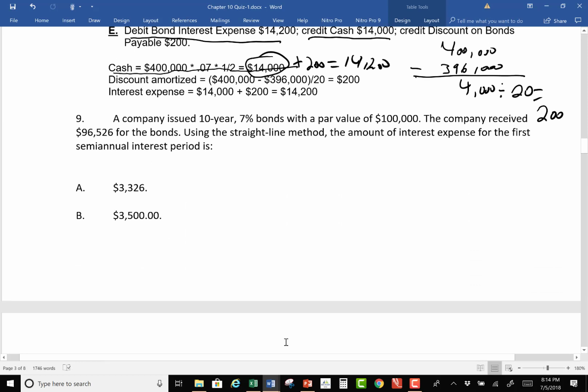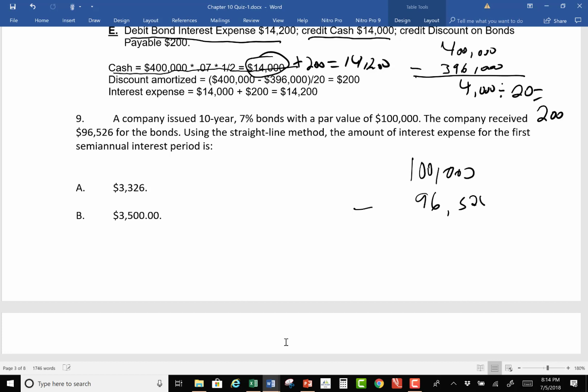Number 8, number 9, whatever. A company issued 10% 7-year bond with a par value of $100,000. The company received $96,526. Discount bond or premium bond? Discount bond. Good. I'm going to take the $100,000. I'm going to subtract off the $96,526, right?